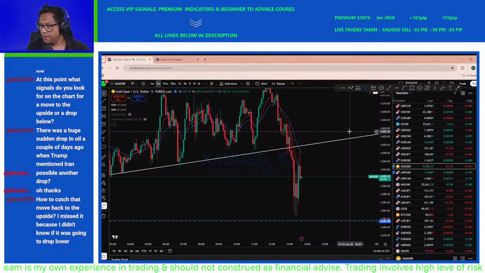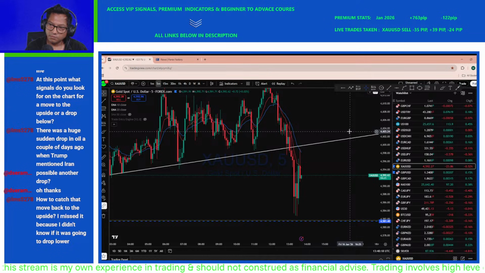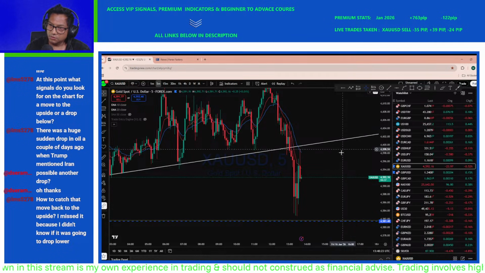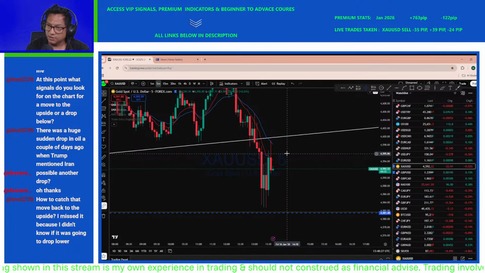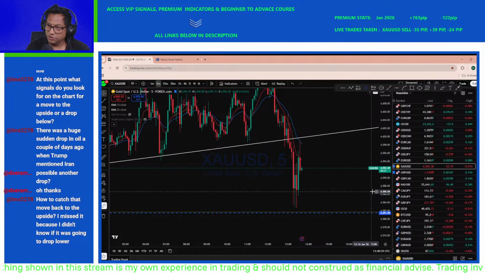Okay. So the last 5 minute candle that you can see creates a big red bearish candle.